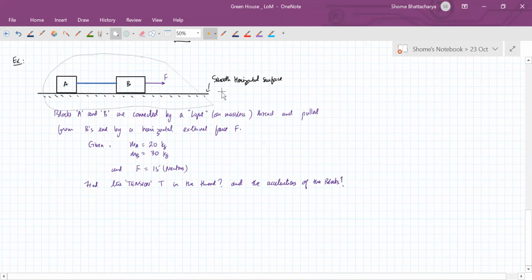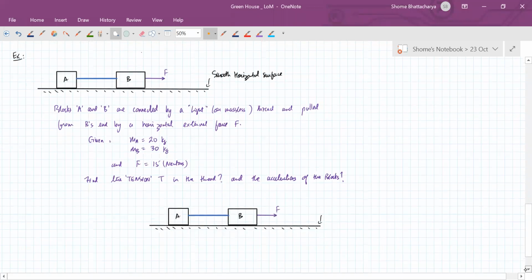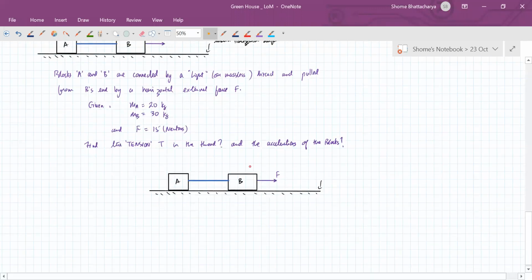So overall, if I look at the situation, the moment I'm applying force from one side, I'm giving this block a tendency to move like this. So it pulls on the thread. So the thread reacts by applying a tension backwards on it. And because the thread has become tight, it has a uniform tension throughout because it's massless.